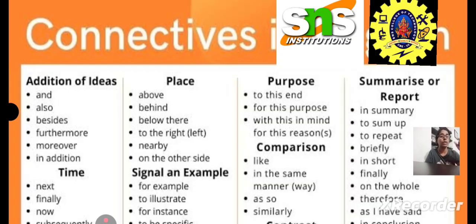You will give a reason or a result. You will say because I did not prepare well, because I was not feeling well, since, so, therefore, thus, as a result. These connecting words show the result or the reason in a sentence.